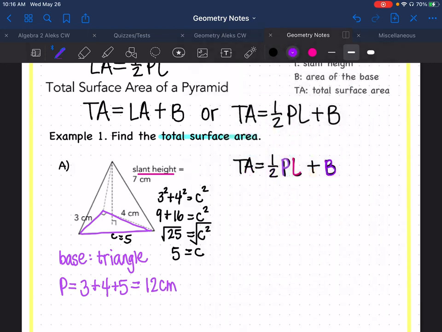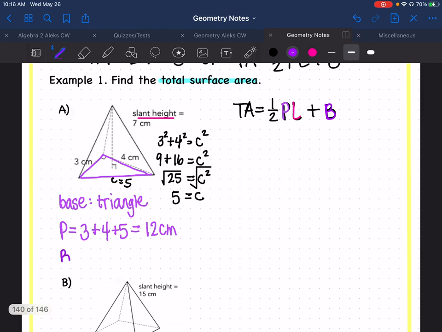And now the last thing I just need to do is find the area of the base of this triangle. It is 1/2 times the base of the triangle times the height of the triangle. The nice thing is that this is my base and this is my height because C is my hypotenuse per the Pythagorean theorem. So it's 1/2 times 3 times 4, which gives me 6 centimeters squared.